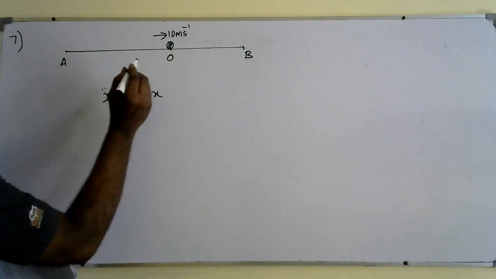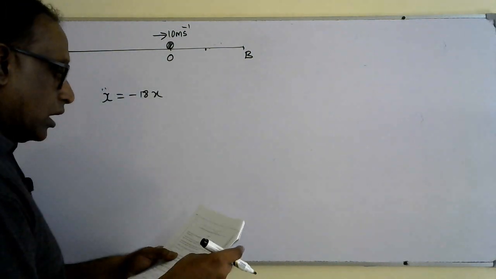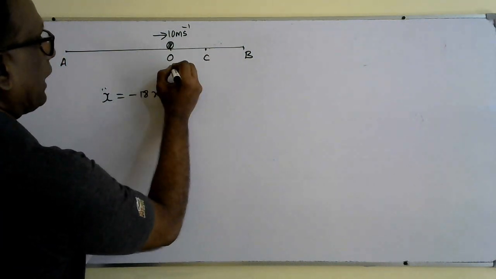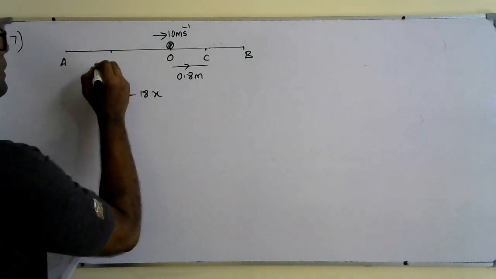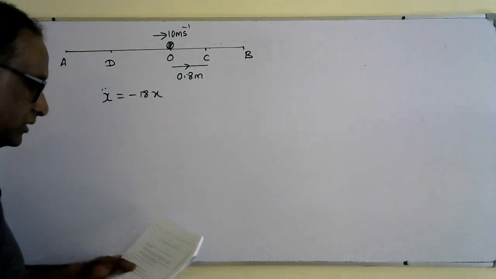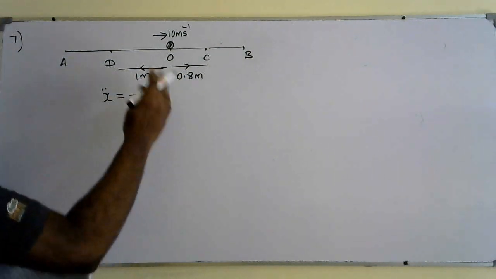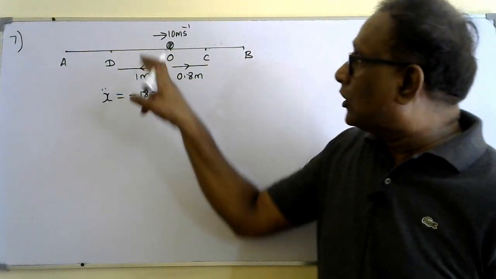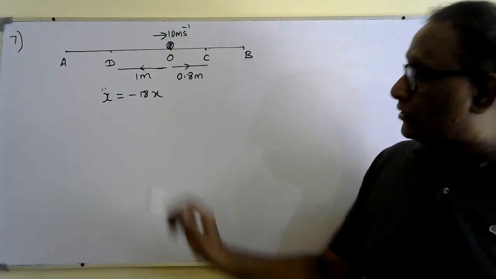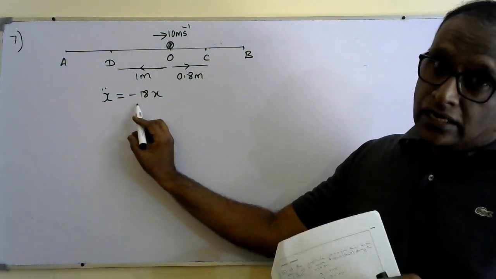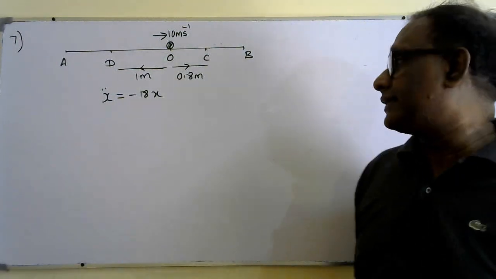So when the particle is to the right, we'll name the point A, O, and the point C where the extension is 0.8 meters, and on this side we'll name it D. On the other side the extension is 1 meter. Because of this speed, the particle might move beyond C, and then the tension T2 will become 0. This equation cannot be applied during that time, because we derived it by considering T2 minus T1, both under tension.